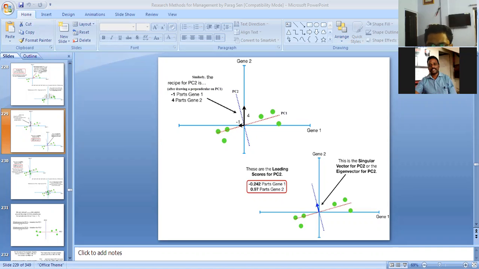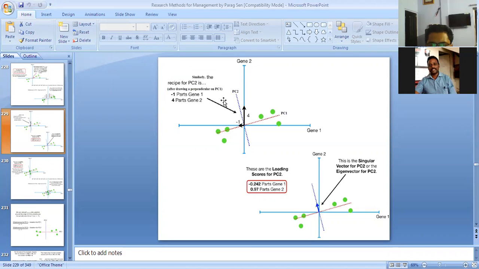Again you are doing the same thing for PC2. To calculate this, you first draw the perpendicular line to PC1, which represents PC2 or principal component 2.